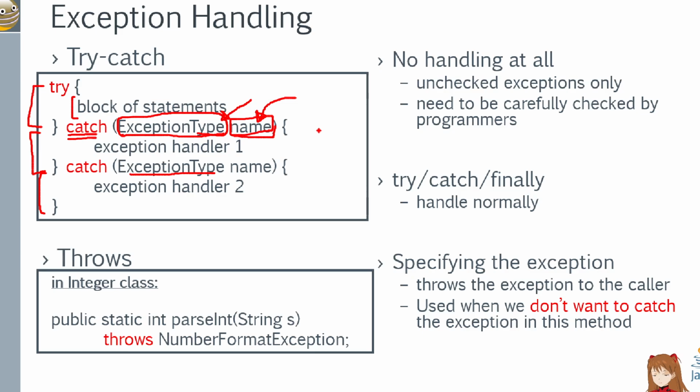And we can use the name to refer to our call method later on. Alright, but we may not use the name at all. So it depends on how we want to deal with the exception. Alright, and the code for dealing with exception is written in the catch block.